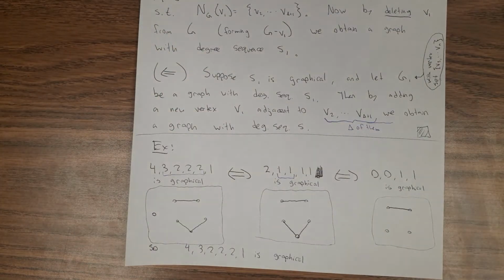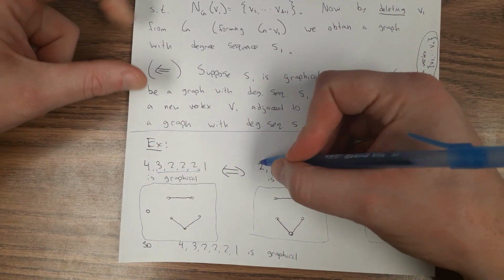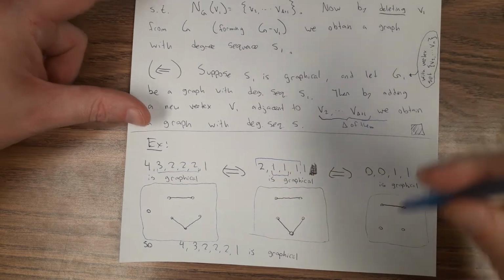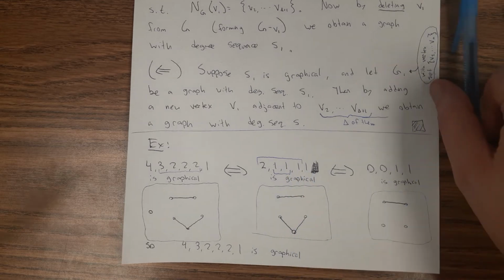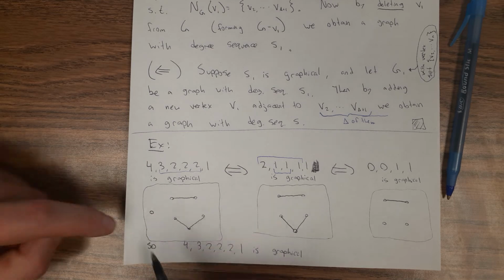So I'm going to take, let's see here, I have a better blue pen. I'm going to take these 4. So a 2, a 1, a 1, and a 1. And those are going to be the neighbors of this.